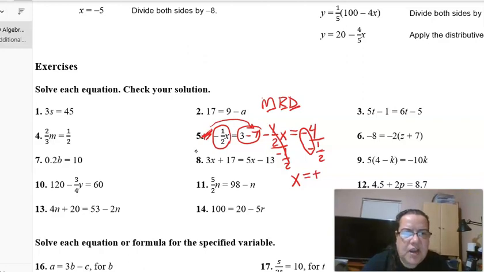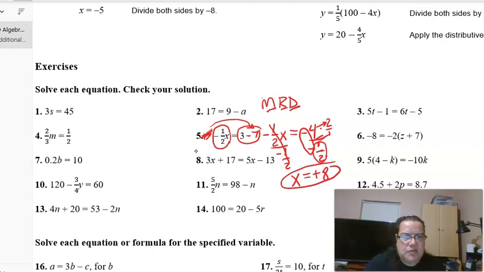And division of a fraction is just easy if you think of it as multiplication. So what you do is you just flip this, take the reciprocal there, and then invert and multiply. So I just flipped it, and now I'm going to multiply. So 4 times 2 is 8, and then this is like having 4 over 1. 1 times 1 is 1. So there I get a positive 8. And therefore, that is my answer for that particular question.